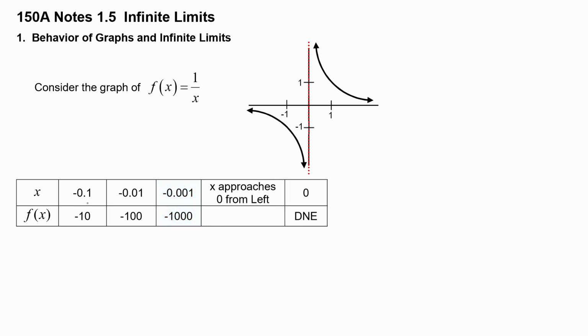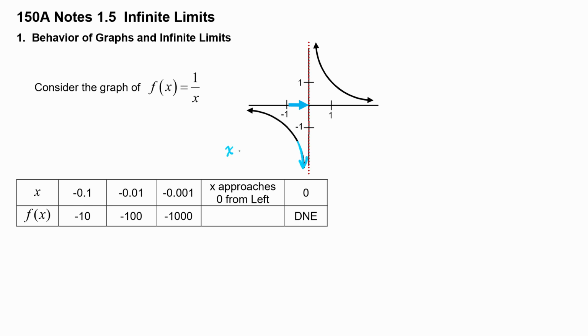So we can see that as the x values get closer and closer to 0 from the left, the y values are getting more and more negative, so large magnitude negative numbers. Now, if we analyze the behavior of the graph there, as x approaches 0 from the left, our y values are heading off towards negative infinity.